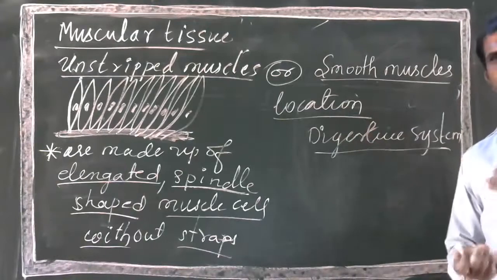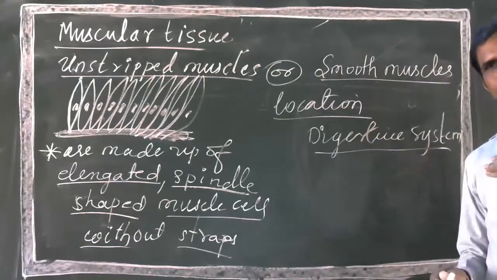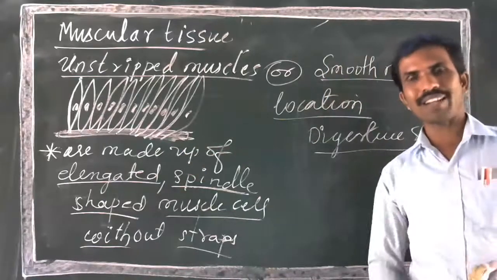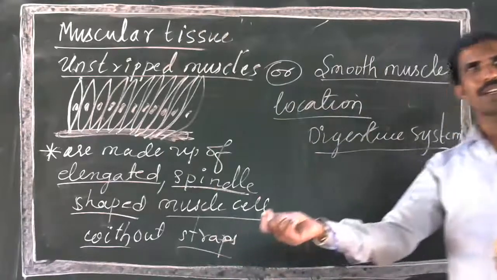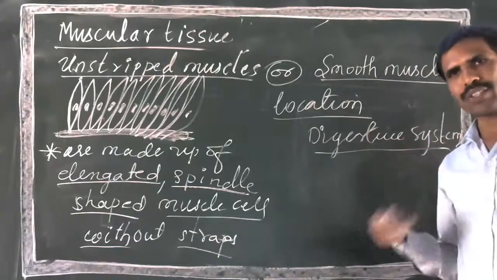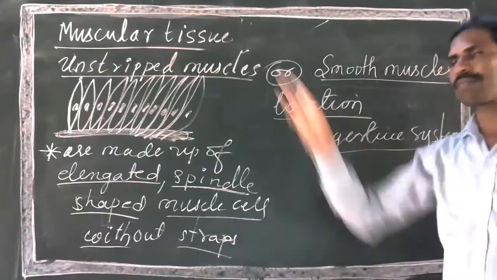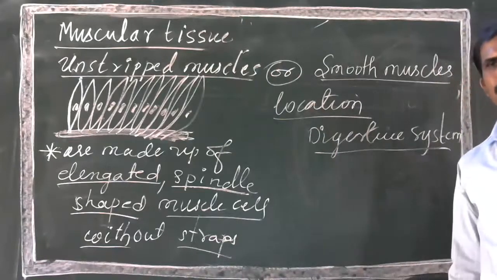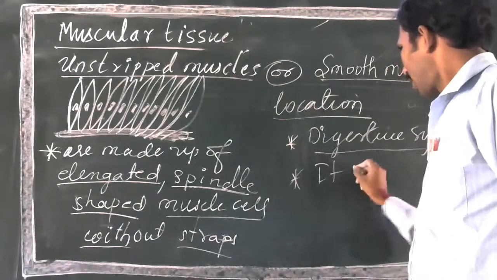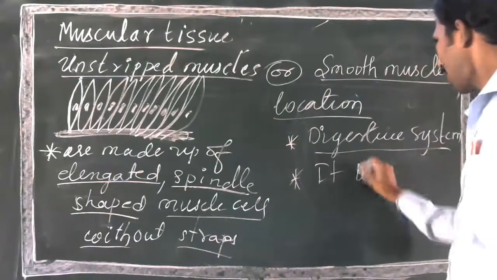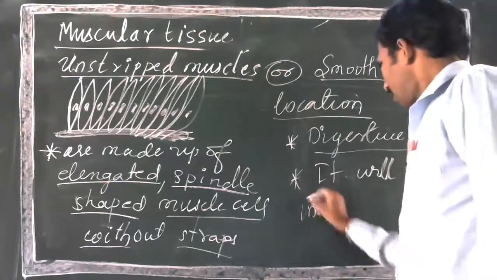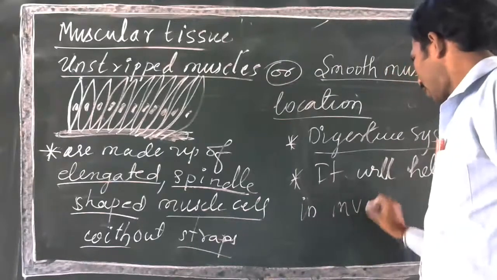From the stomach, the digested food moves to the intestine. From the intestine, it moves to the large intestine. Finally, the undigested food is thrown out of the body by the anus. All these are related to the digestive system, and the digestive system contains this unstriped or smooth muscle. So it helps in involuntary functions.